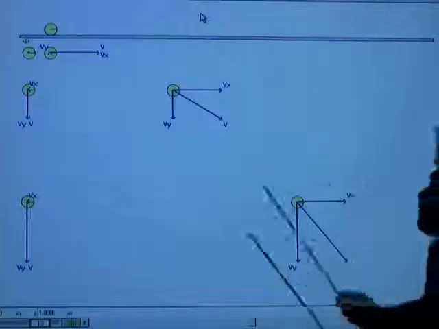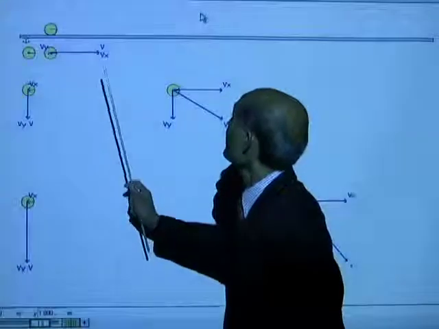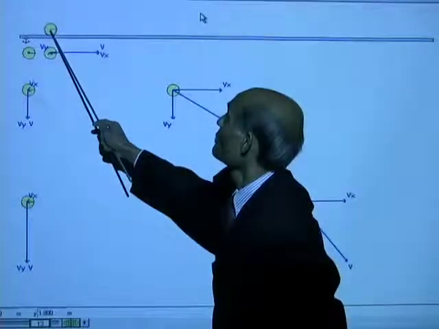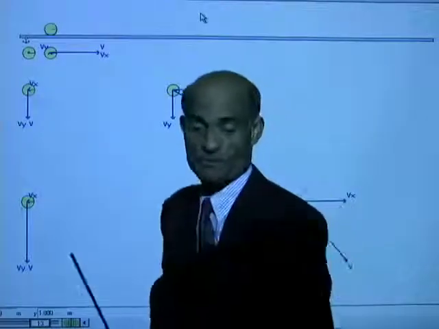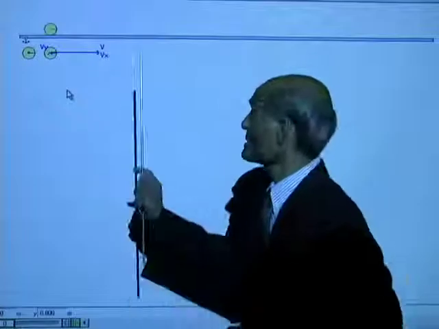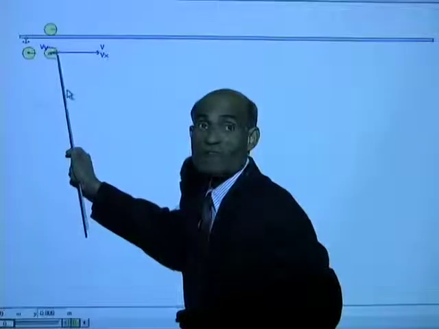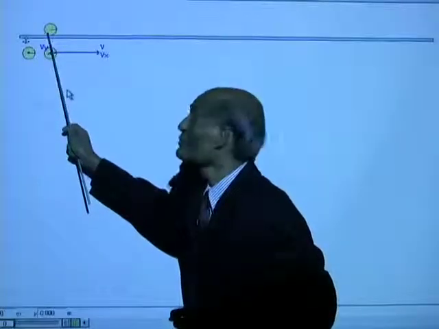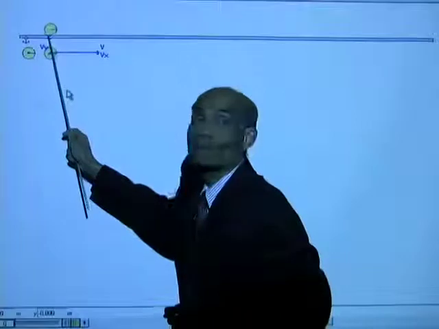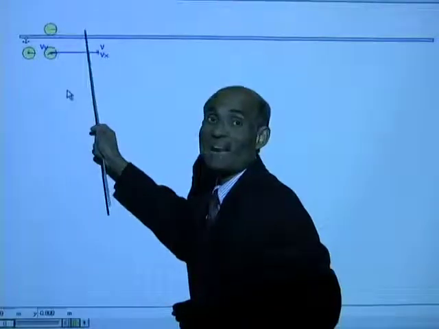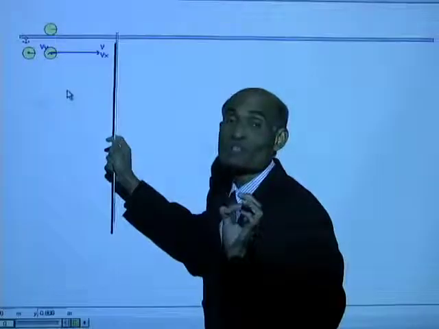Now, what do you observe? Well, this thing did not move. Alright, I'm going to run it again, and I want you to watch it carefully. What I have done is, the horizontal velocity I have given this ball is the same as the horizontal velocity for the ball that can only move in the x direction.